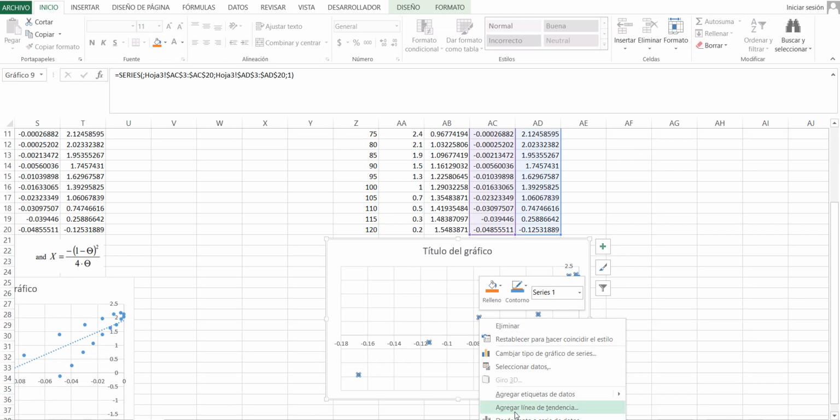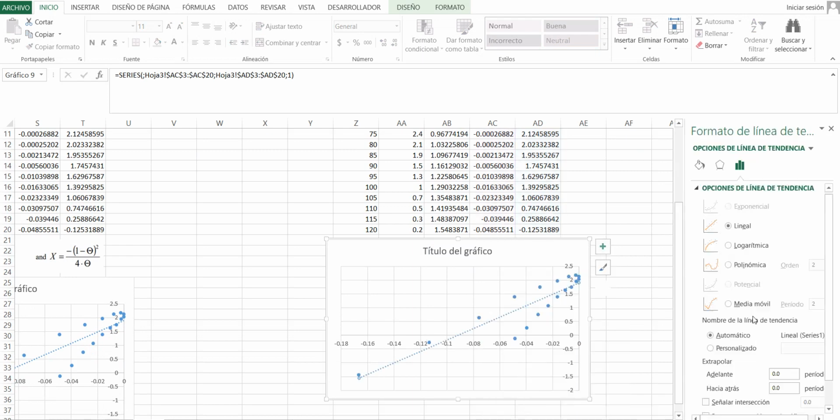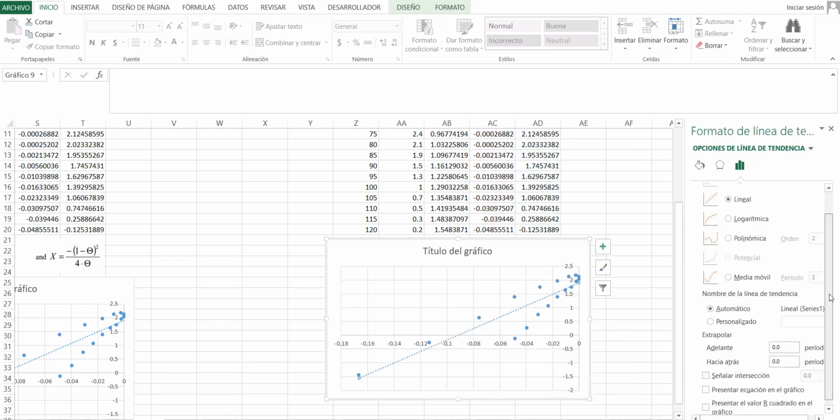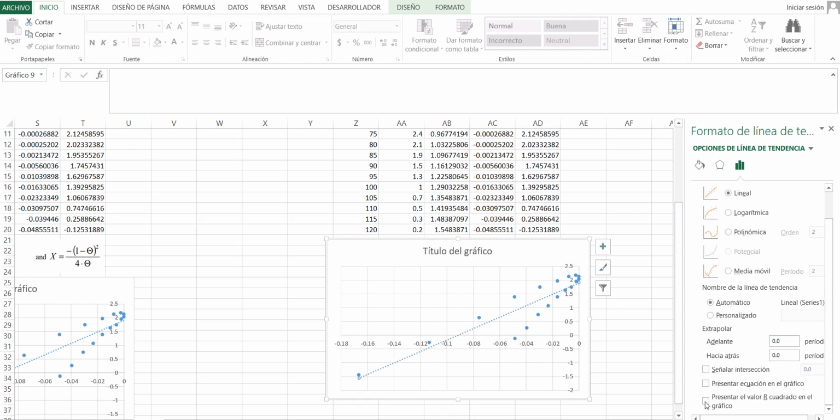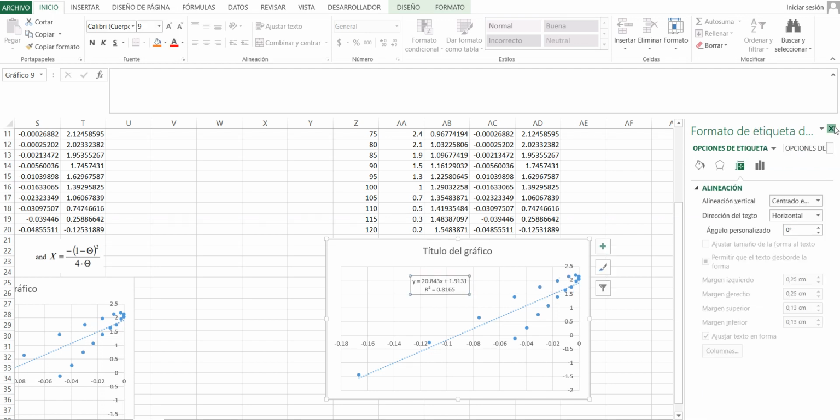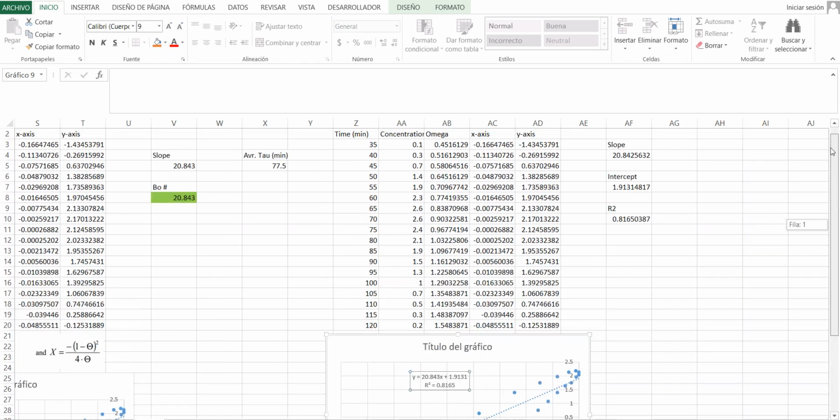Let's add a linear tendency line. We present the equation and the R-squared coefficient that, as you can see, are the same ones from here.